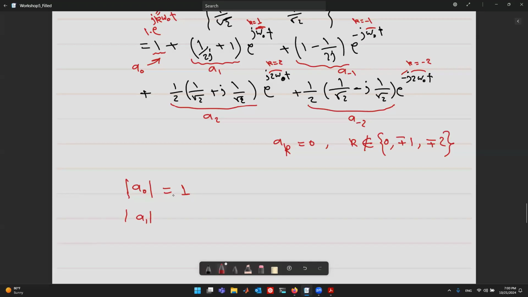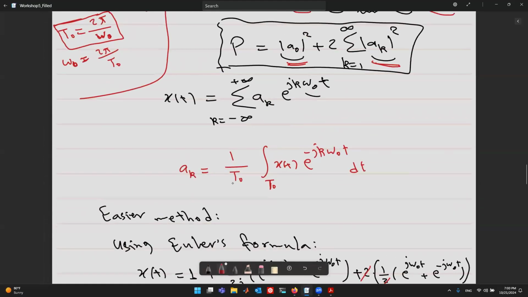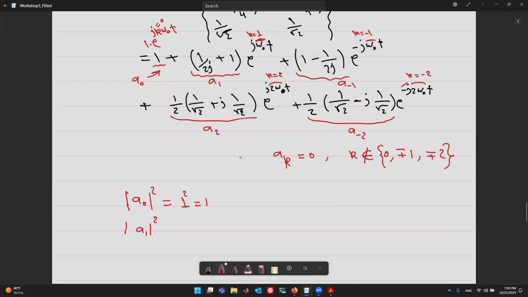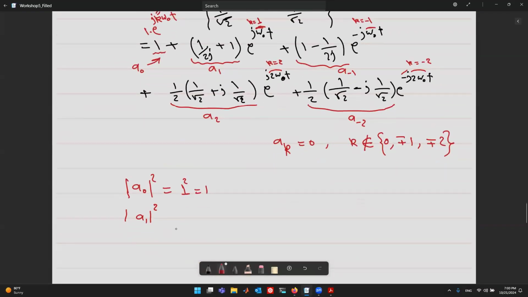For a1, let me also find the squares of them, right? It's easier, because we need the magnitude squared. If we directly find the squares, we get rid of the square root, because the magnitude of a plus jb, any complex number, is the square root of a squared plus b squared.